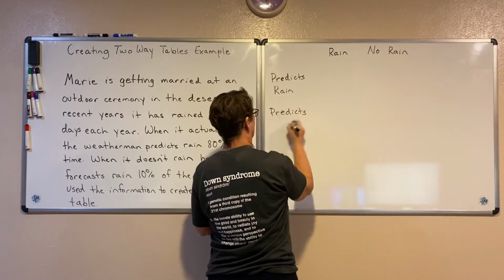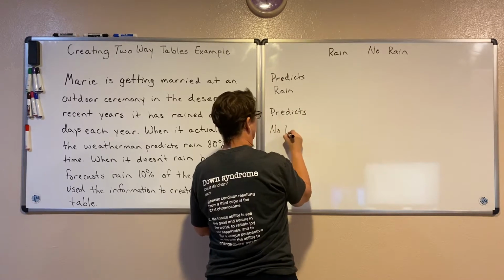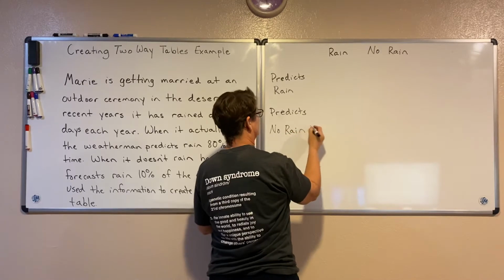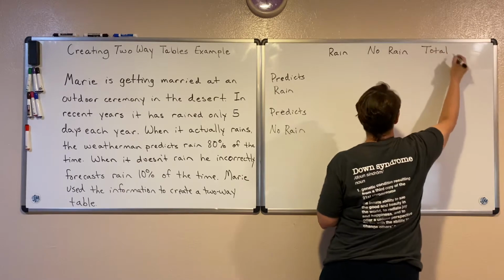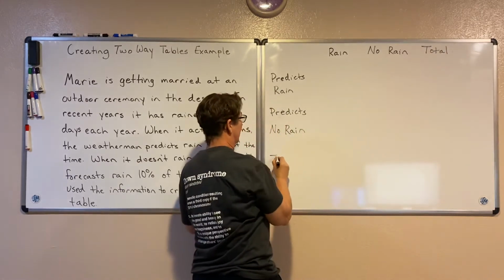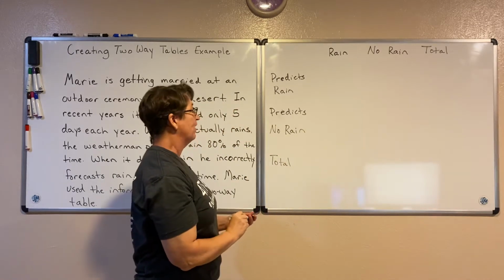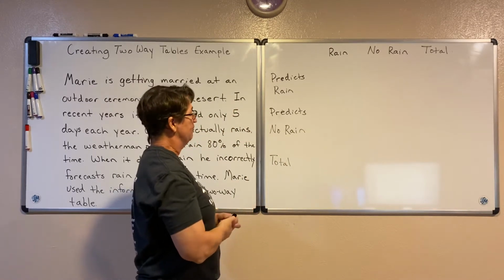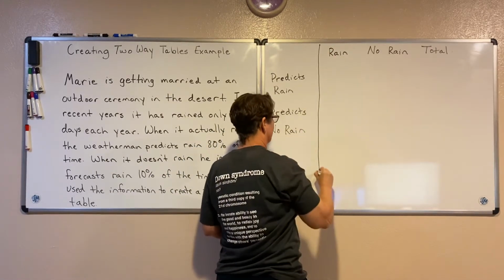Once we have our variables, remember that both the row and the column has to have a total. There has to be a total column and a total row here. So that when we make our two-way table, here are our variables separated.